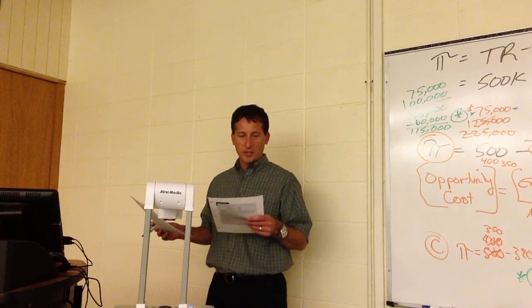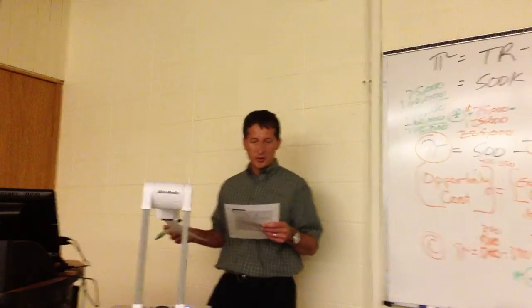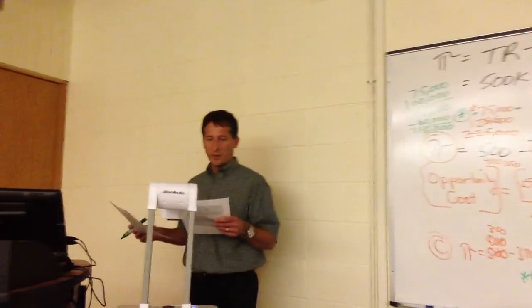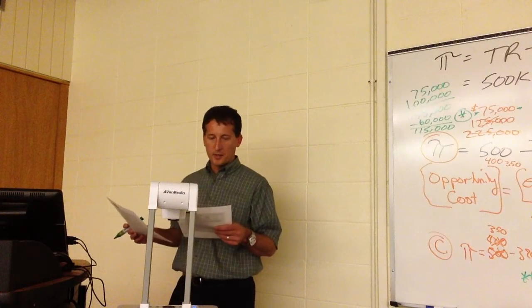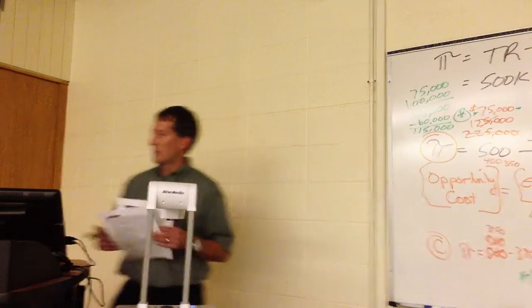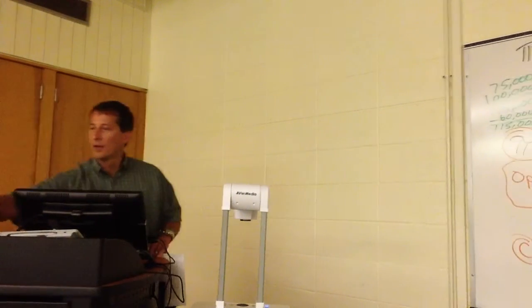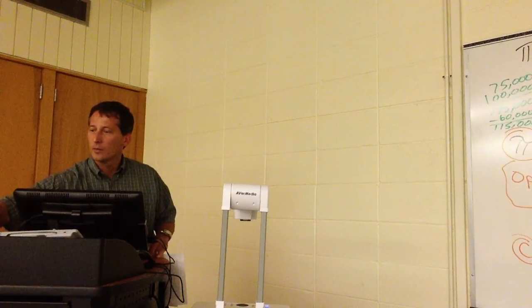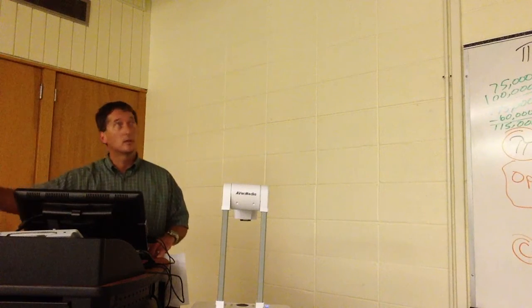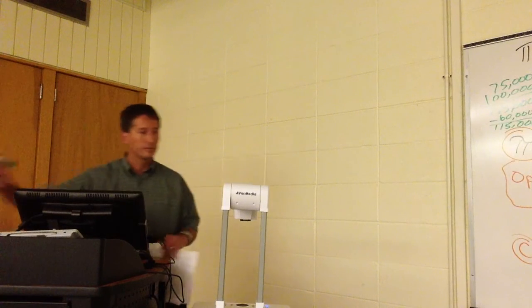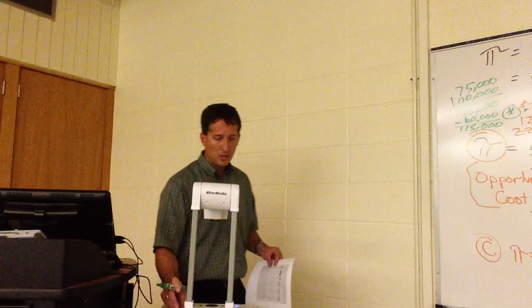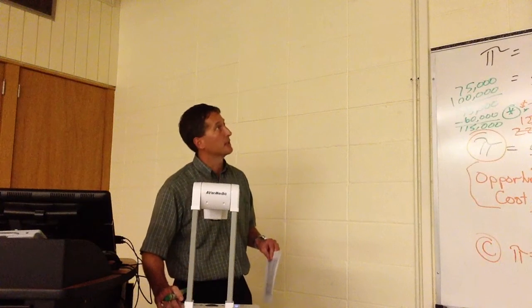The table below shows how the output of strawberries, measured in truckloads, varies with the number of workers hired. So look at that list, tell me about it, and talk to me. What does that list mean? What are some of the properties that you see about the list?